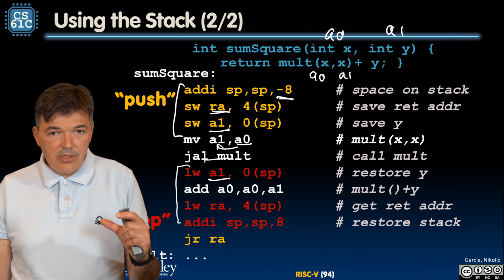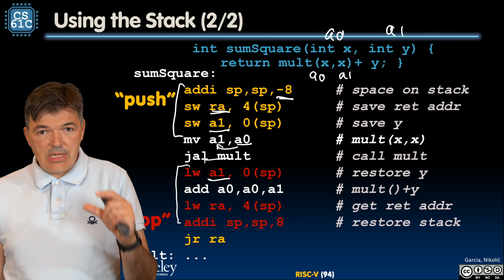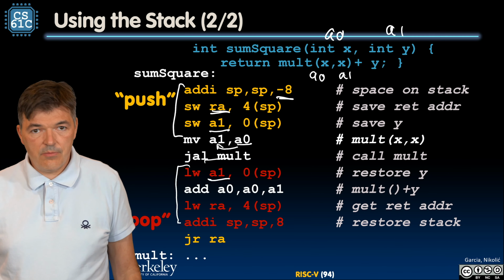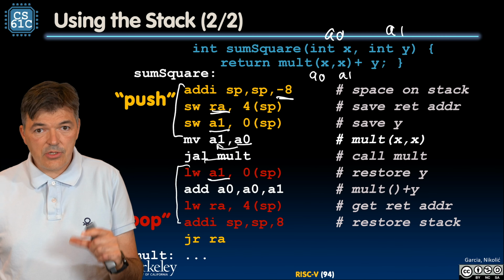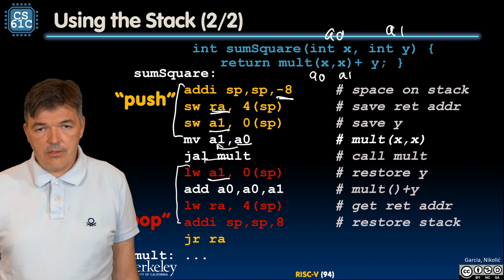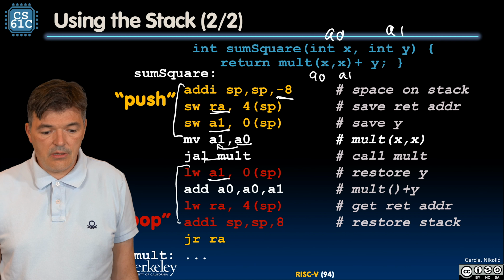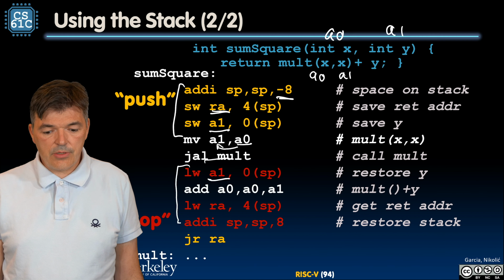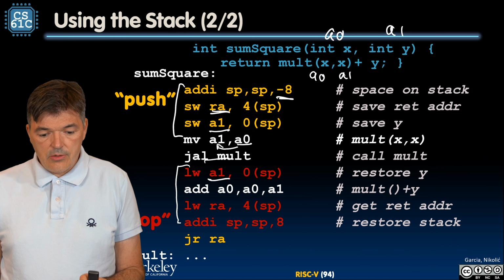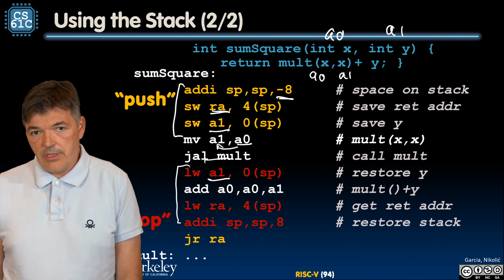What we have here is basically a procedure of saving these registers and the arguments of the function on the stack, and recalling them back so they can be used to complete our original function. And remember here, sum square is a caller, mult is a callee.